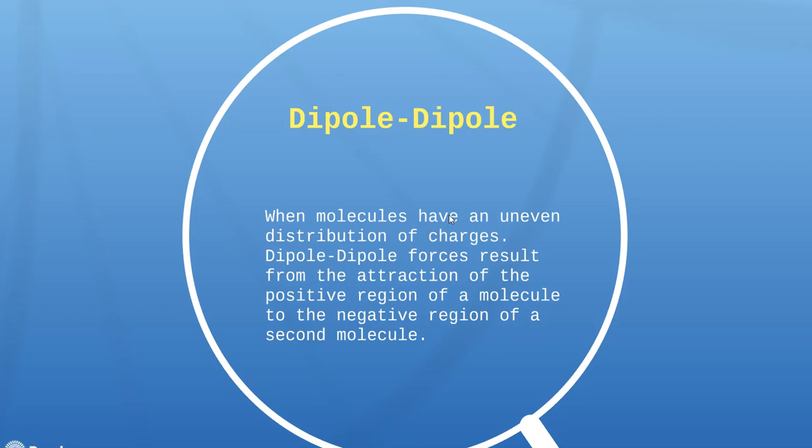And when they interact like magnets, it means that they're going to hold on fairly strongly. So dipole-dipole is a strong force that's holding things together, and this happens between all polar molecules.